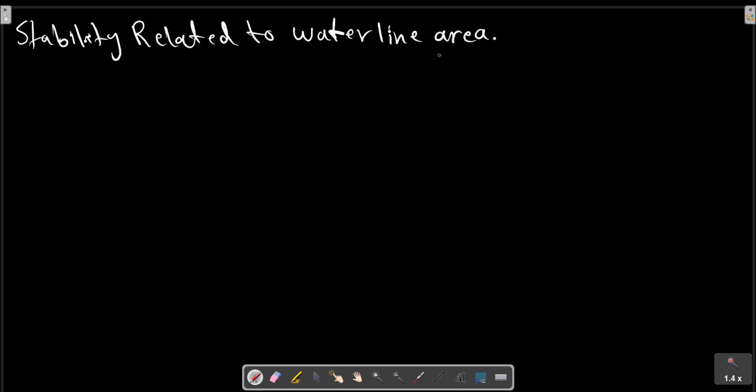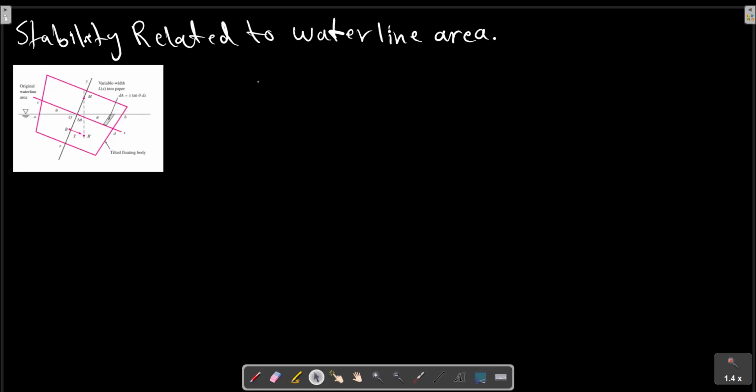The derivation assumes that the body has a smooth shape variation near the waterline and is derived from this figure. Consider this figure for deriving the equation. The y-axis of the body is assumed to be a line of symmetry.